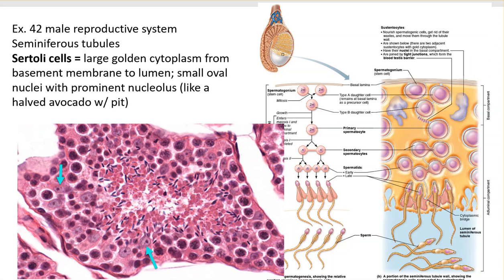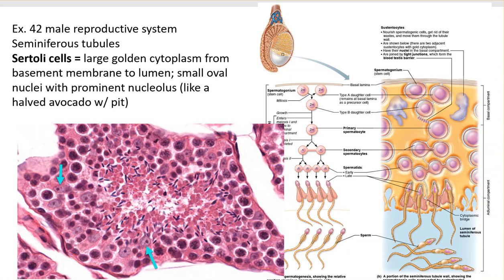I just want you to remember this, this is the nucleus, the little dot you would see is the nucleolus, and the cytoplasm of that cell is big. That's a sustentacular cell. That's a sustenocyte or a Sertoli cell. You could use any of those names and it would be fine with me.